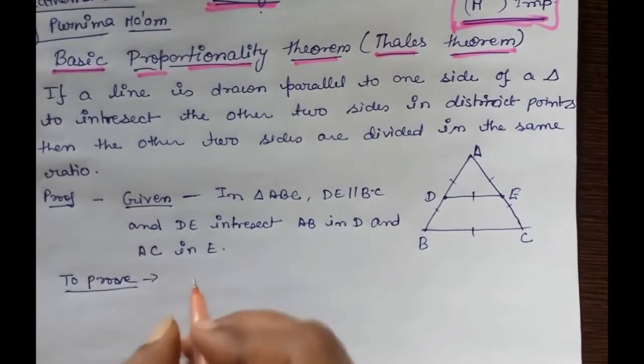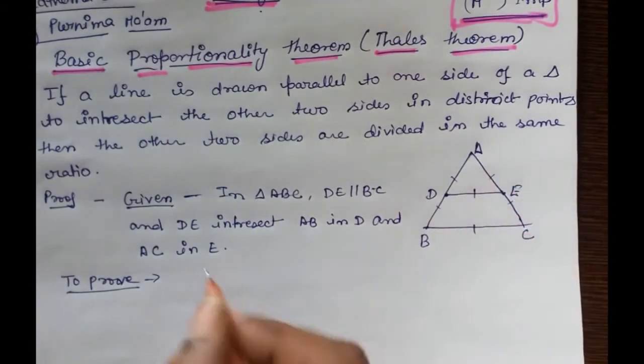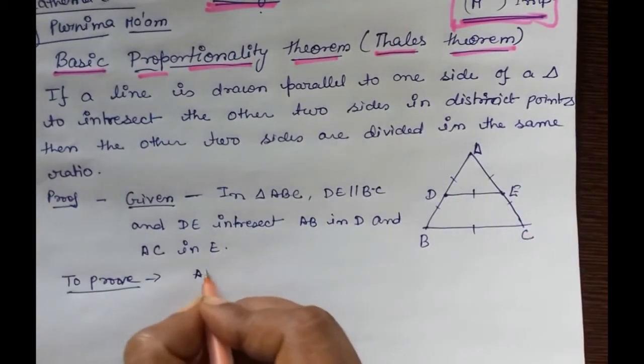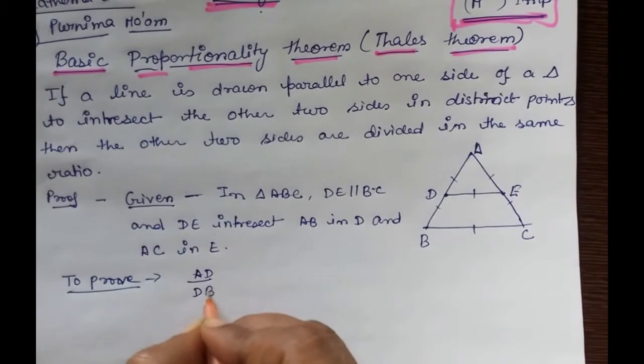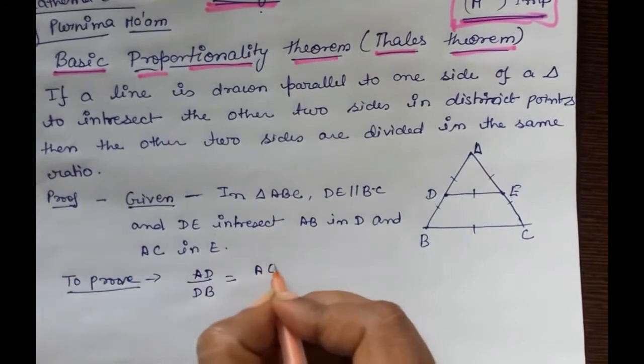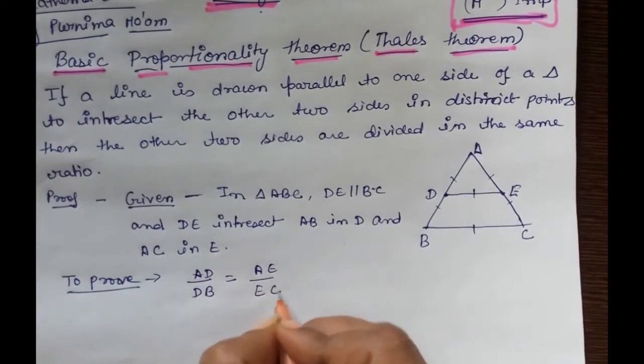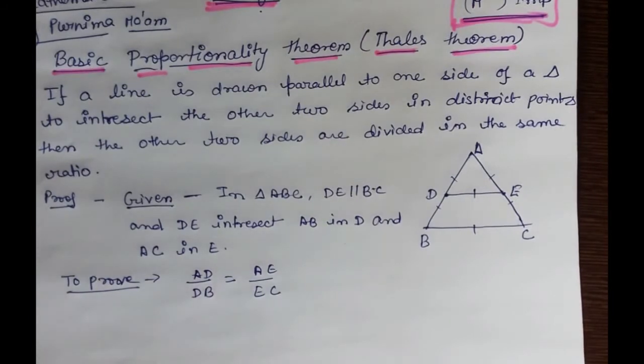We want to prove that the ratios of these two sides are equal, meaning AD divided by DB is equal to AE divided by EC.